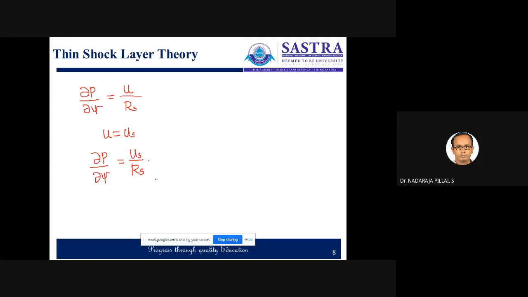Now, we can integrate this equation between the point in the shock layer where the value of the stream function is psi and just behind the shock, where psi is equal to psi s.